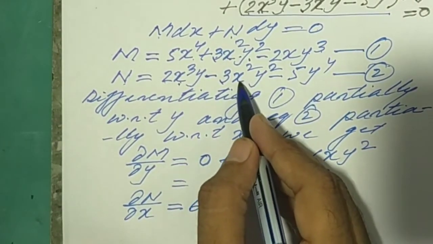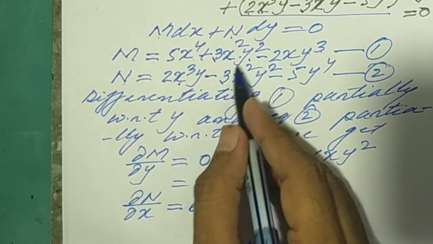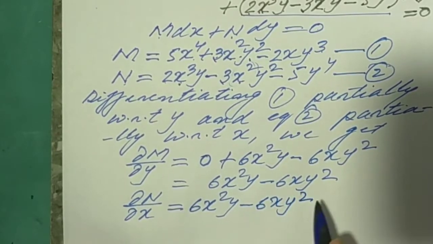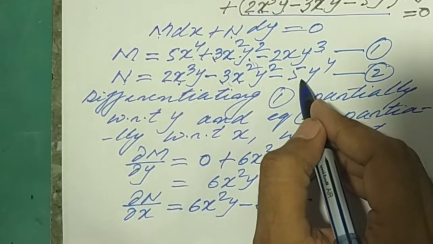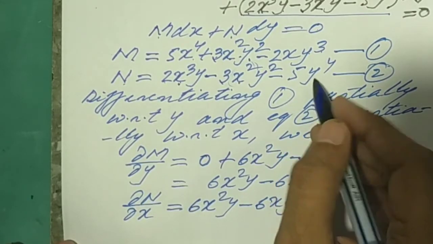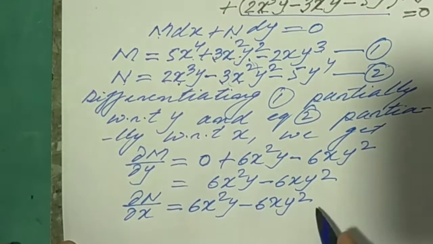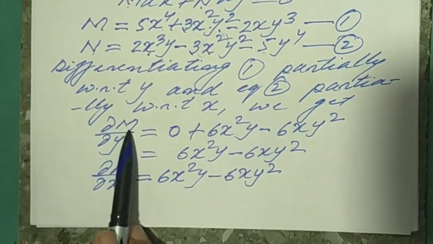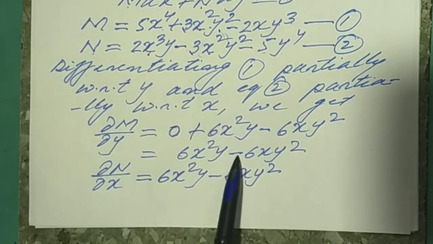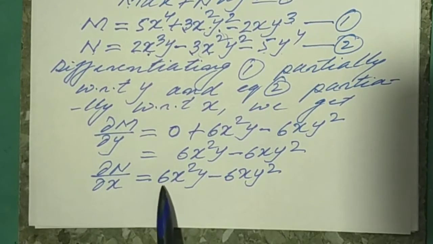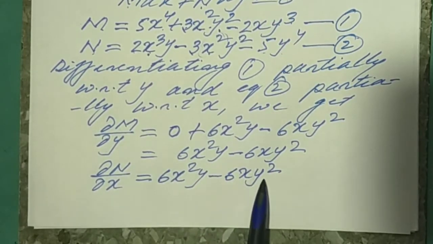In the next, if we differentiate with respect to x partially, the derivative of x square is 2x, so we get 3 times 2 is 6x y square, and the last term is 5y raised to power 4, which is considered to be constant when we differentiate it partially with respect to x, so its derivative is 0. So del M over del y is equal to 6x square y minus 6x y square, and del N over del x is also equal to 6x square y minus 6x y square.